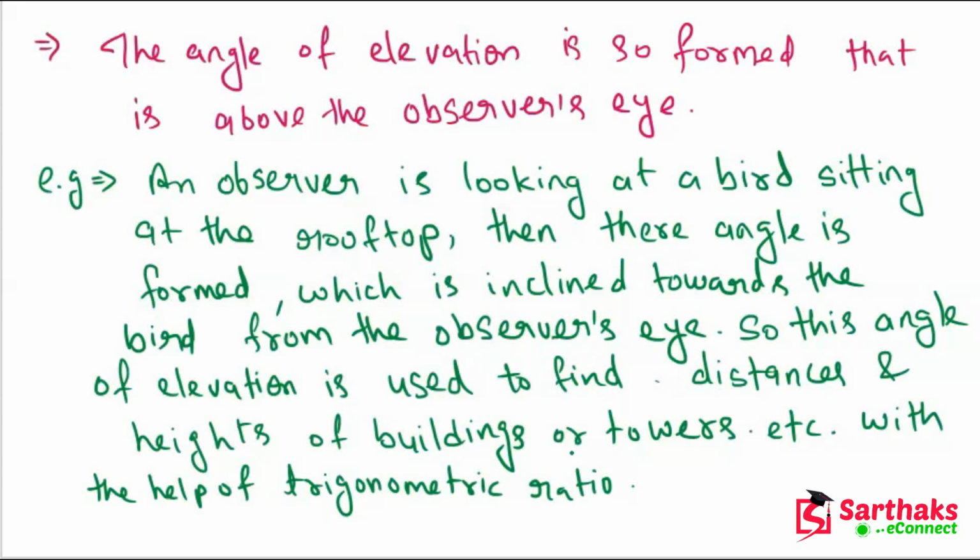What is angle of elevation? When we are looking in the upward direction, the angle formed, which is inclined upward from the observer's eyes, is known as the angle of elevation. Let's suppose this is an observer sitting on a rooftop, and here is a bird.